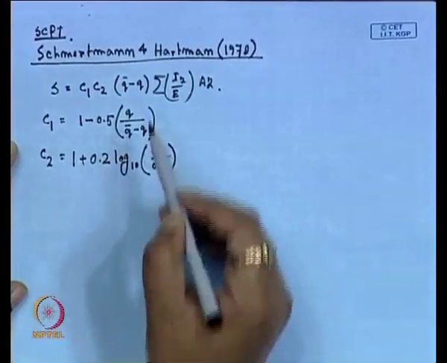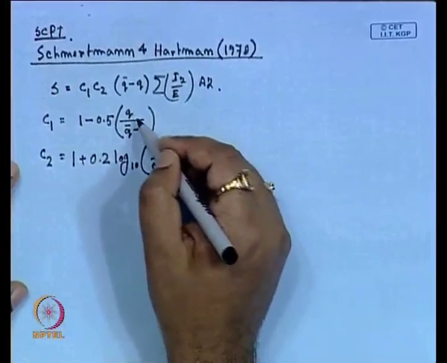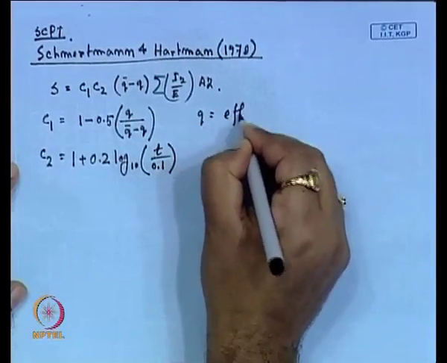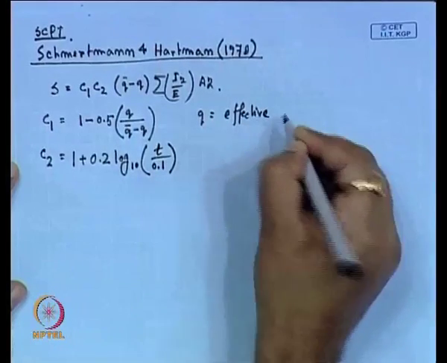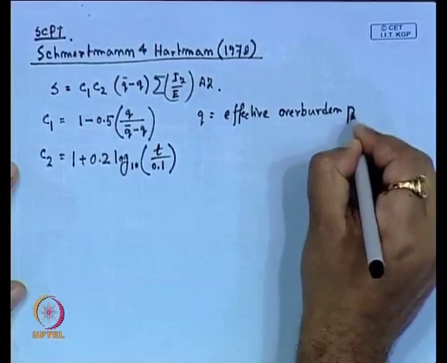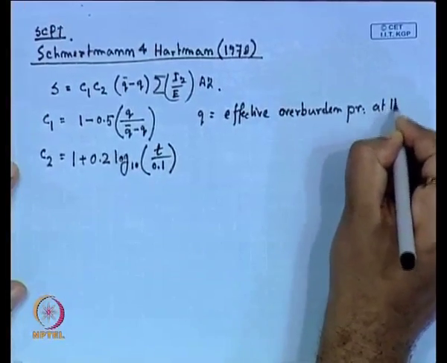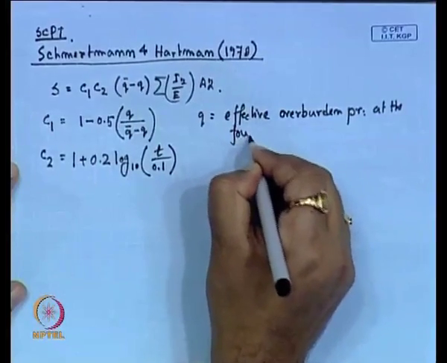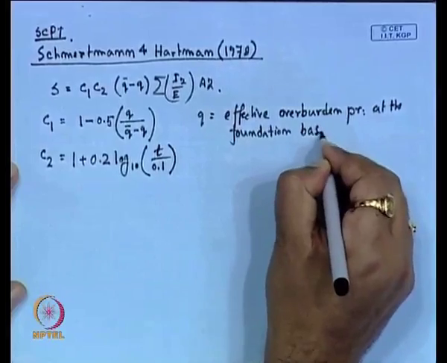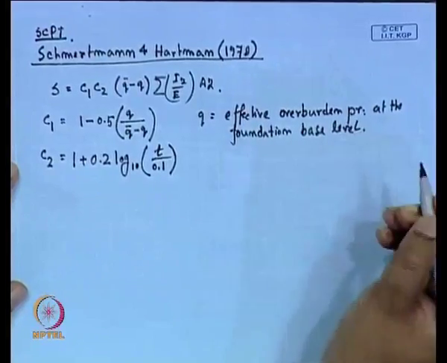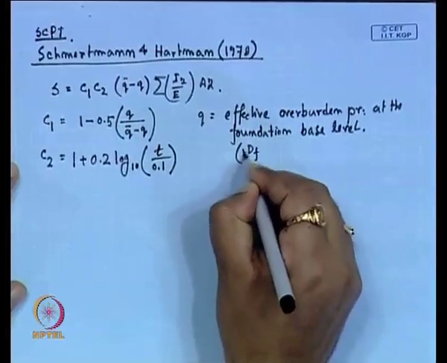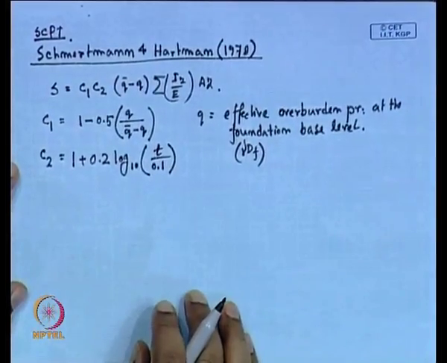Now, here q is the effective overburden pressure at the foundation base level, or basically we can say that q is gamma into Df.